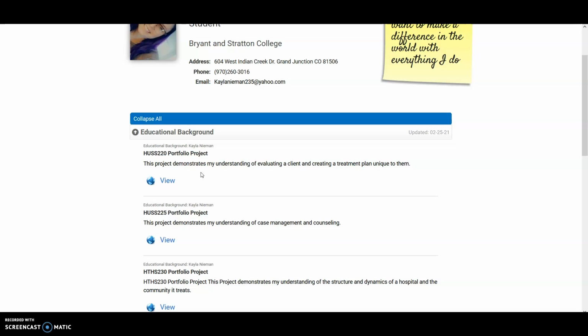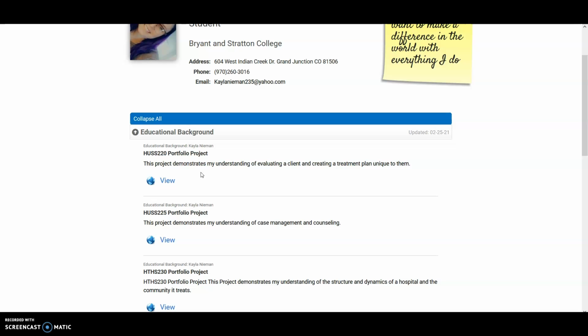This specific portfolio project meets this outcome because it demonstrates my ability to diagnose and treat an individual with a treatment plan that is tailored to that individual and their specific needs. This project also demonstrates my ability to evaluate the effectiveness of the plan and make the necessary adjustments to that treatment plan to better treat my clients and their individual needs.